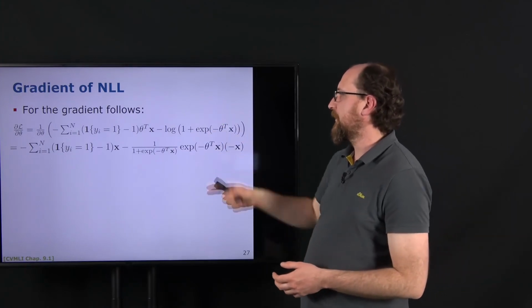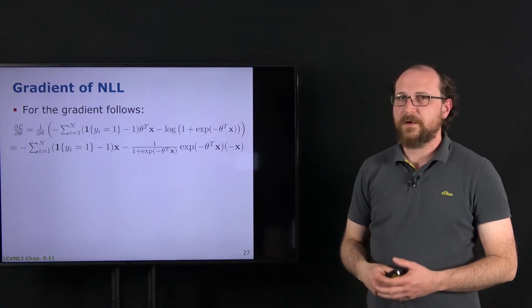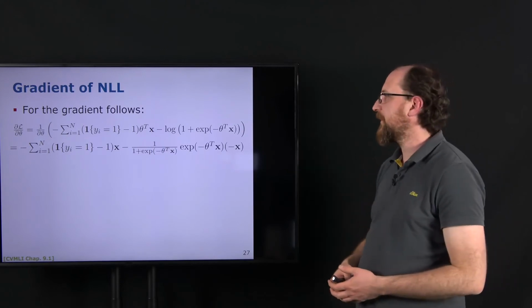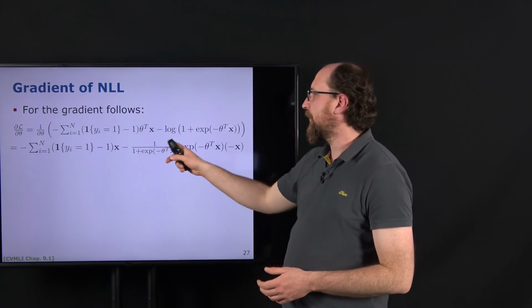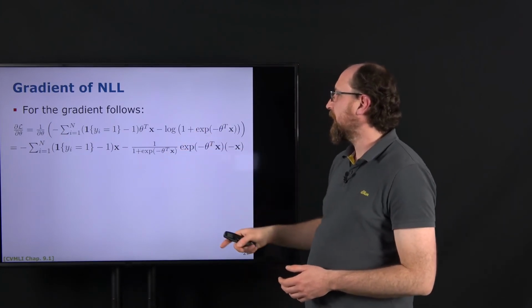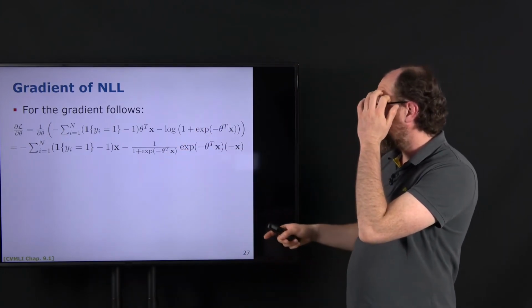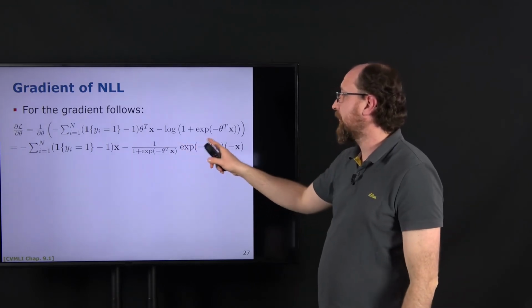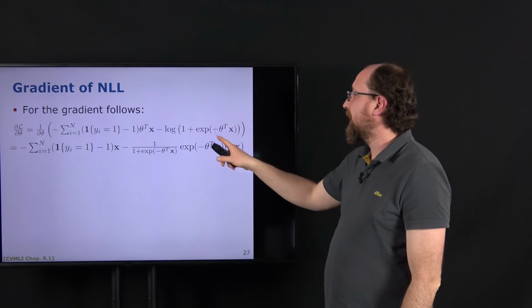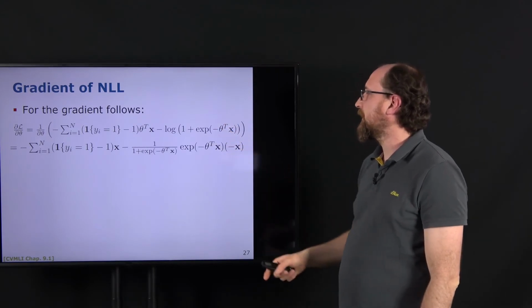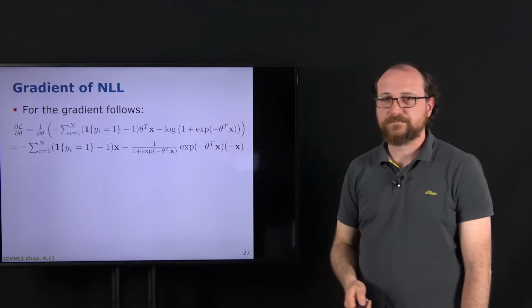With the logarithm it gets a little bit more complicated, but also nothing very surprising. We just use the chain rule. The derivative of the logarithm is 1 divided by the x value basically. Then we have the inner part, which turns out to be this. And then the part that is left here, which is basically just minus x.